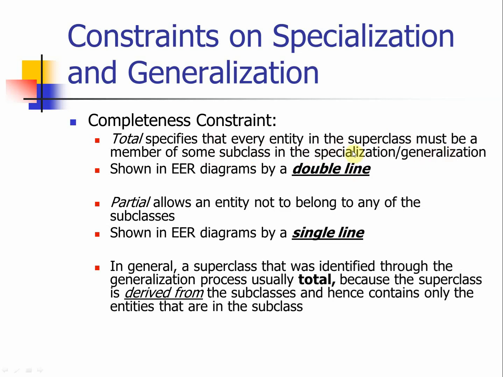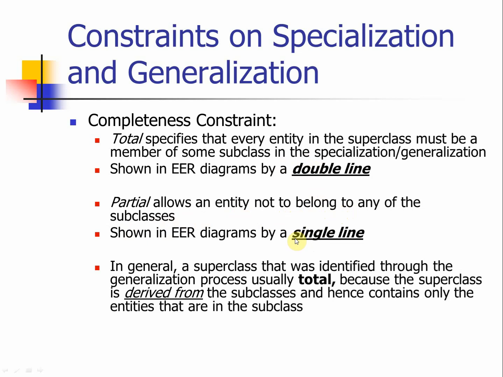For example, every employee must be either a salaried employee or an hourly paid employee. So that is why we put a double line over there. They have to participate in these choices. Partial, with a single line, indicates that an entity need not belong to any of the subclasses.